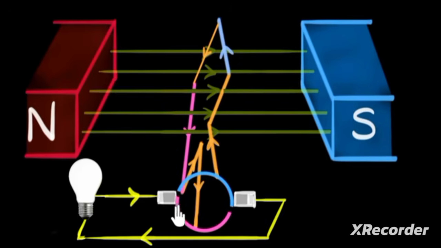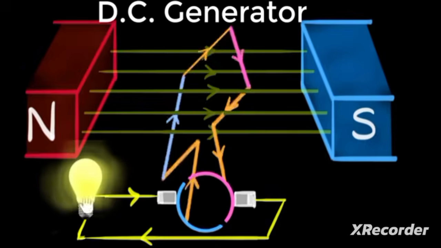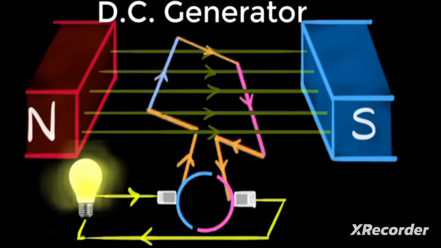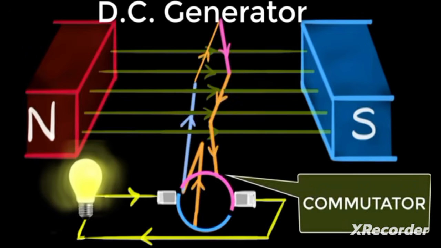It is now in contact with the pink ring, connected to the pink side. And this way, we have now built our DC generator, where the current only flows in one direction through any external circuit. And this arrangement, which helps us automatically change contacts, we call commutators. So split rings act like commutators.